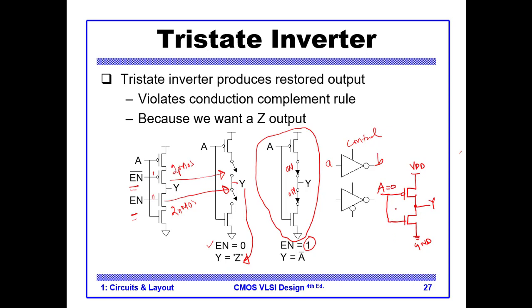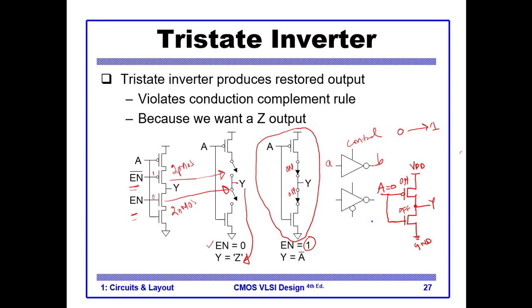For a 0, this will be off, and this will be on. It has a bubble, so the PMOS will be on, and this will be off, which means we will have VDD connected to Y. So if we gave it a 0, it gives us a 1.